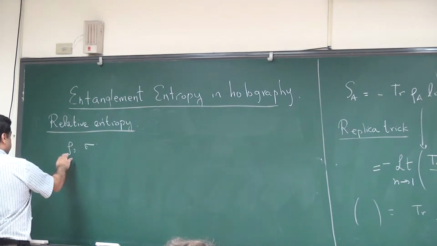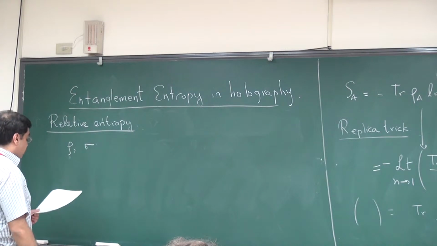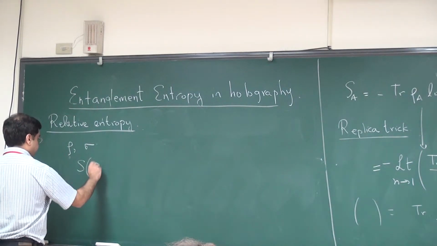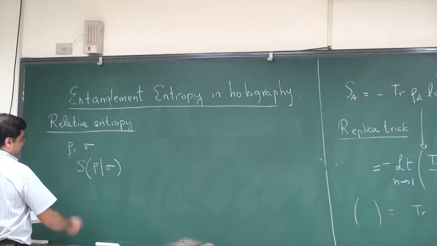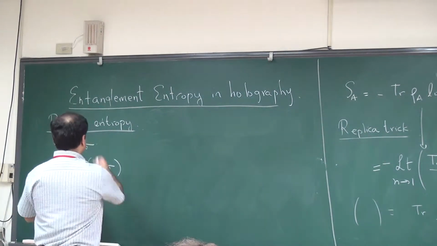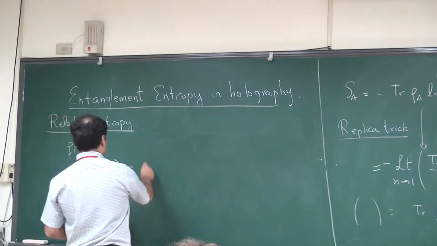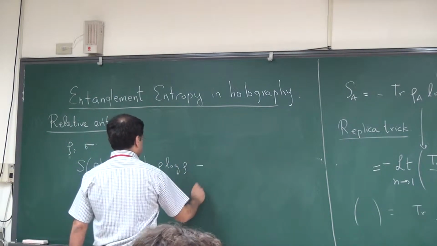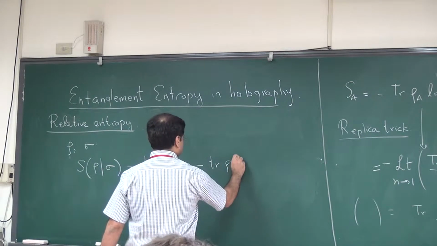These are the density matrices corresponding to the two states. Then the relative entropy is defined in the following way. The notation is this: S(rho || sigma) is trace rho log rho minus trace rho log sigma.